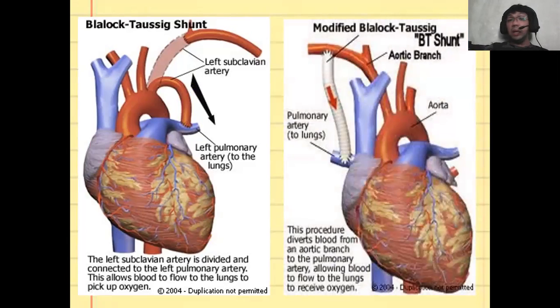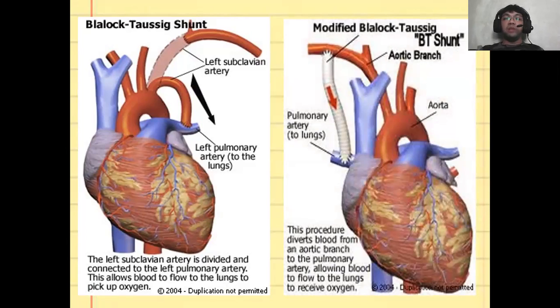But the problem here with the old-fashioned one is that there will be no circulation to the left arm. So that's the problem with this shunt, and it was modified later on.